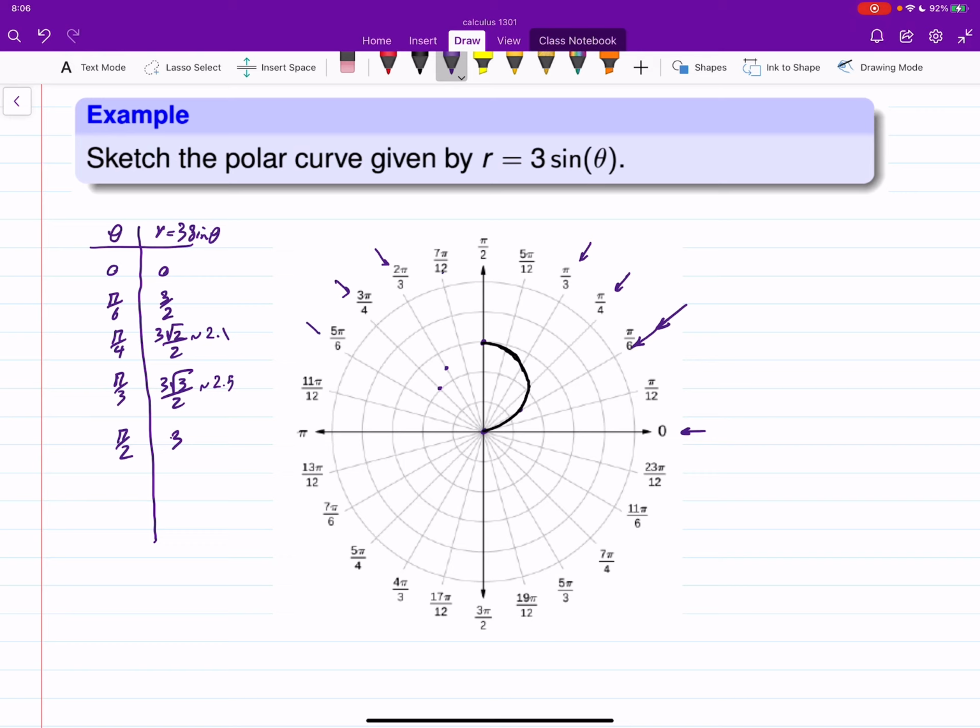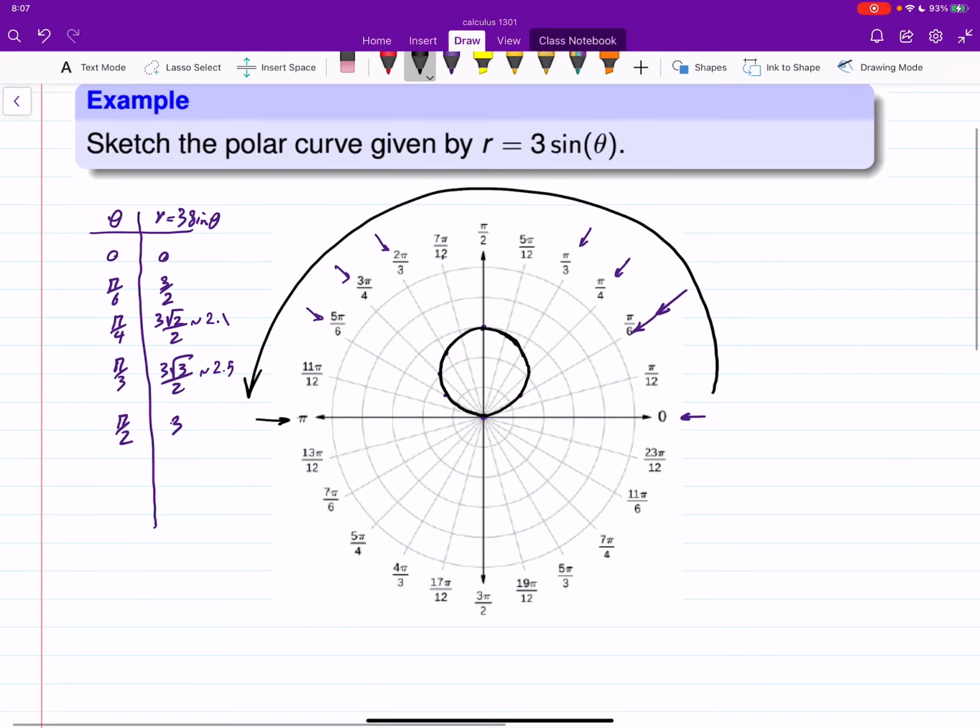And then for 5 pi over 6, I'll get this point here, and then go back to 0. So that will form the other half of the circle. But I have gone up to pi. So I started from 0, I've gone up to pi.